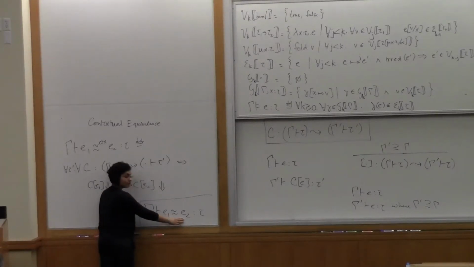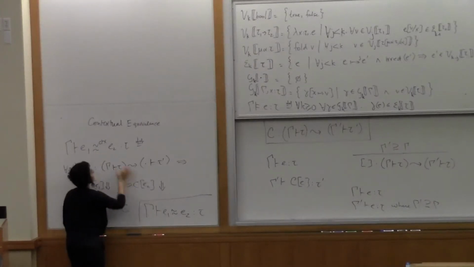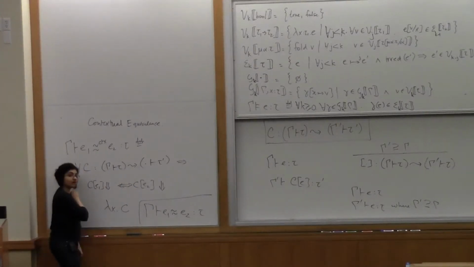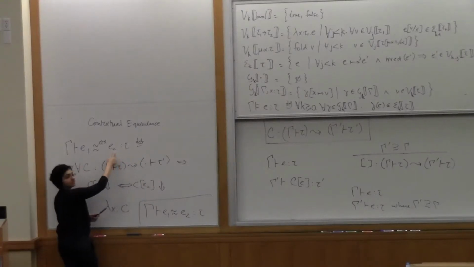And what we want overall is to show that whenever E1 and E2 can be shown to be logically related to each other, then that means that they are contextually equivalent. That's soundness of the logical relation. The logical relation is sound with respect to our definition of equivalence. So this implies this.